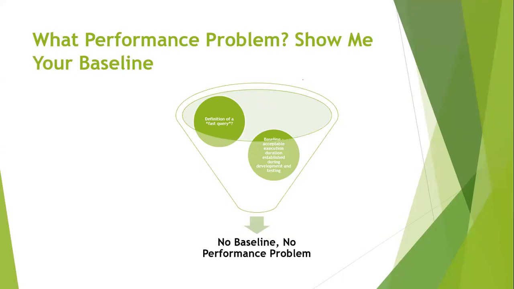Baseline is the previous execution on this server. Benchmark can be anything, but you should have a baseline, so that based on the baseline, you will understand that earlier this query used to execute in 5 minutes, and now it is taking so much time.